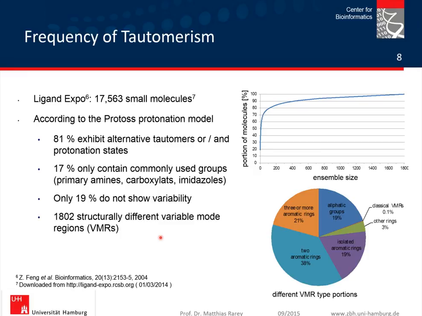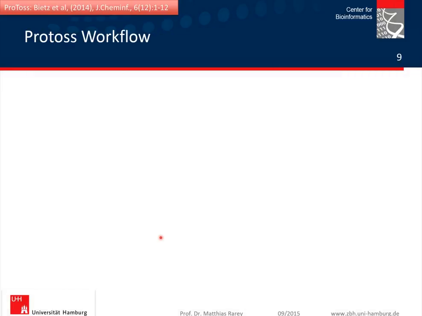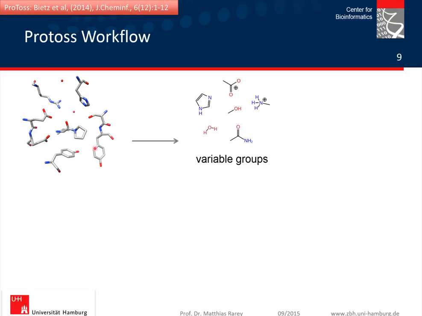Okay, so we developed a tool to deal with this, which is called Protoss, and I will not go into so much detail about the algorithm. It's here just to give you a rough impression of how it works. We start with the PDB file.